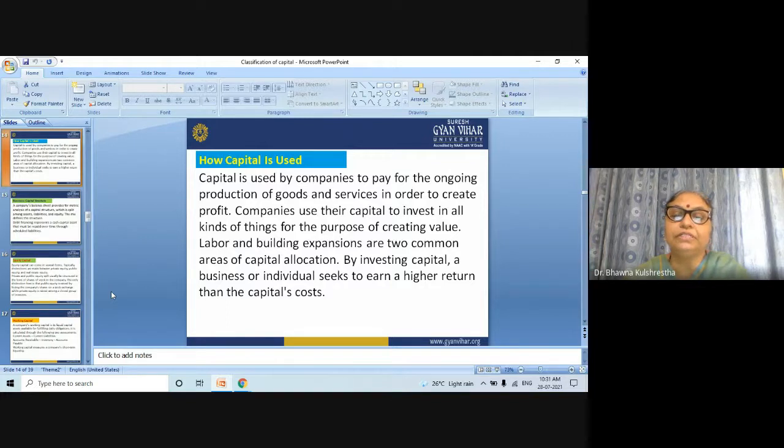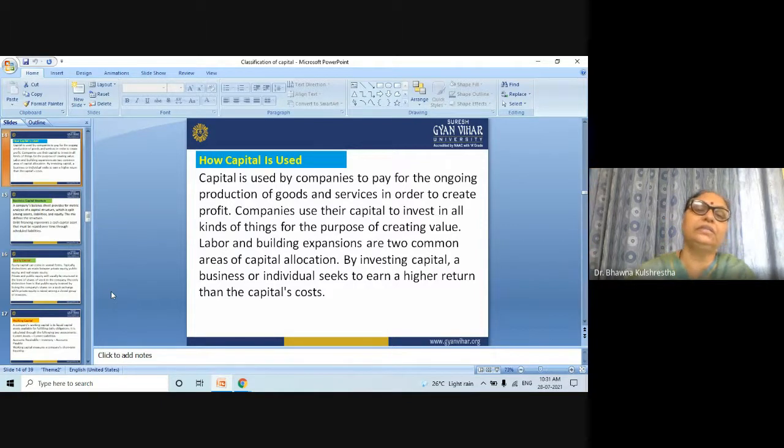By investing capital, a business or individual seeks to earn a higher return than the capital costs.